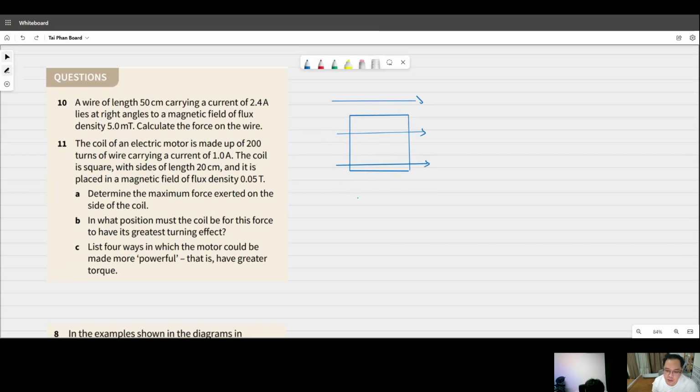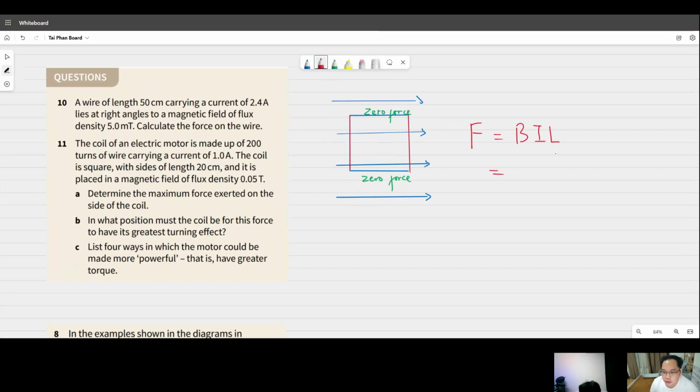Those two sides, which are parallel to the field, will not experience force, zero force, on the top and bottom also. But the other two sides, on the left and right, will experience the force determined by the left-hand rule, and the value of the force is BIL. The length is given here, 20 centimeters, which is 0.2 meter.